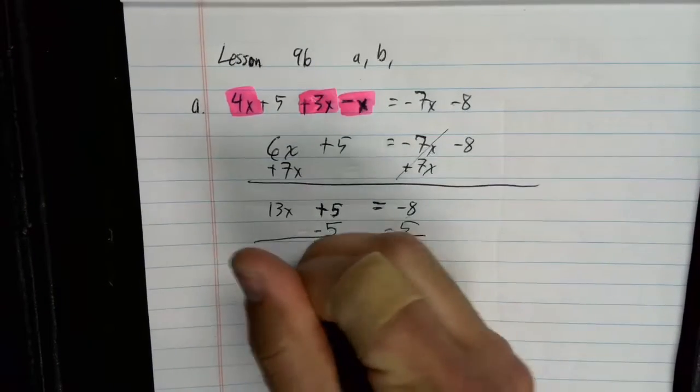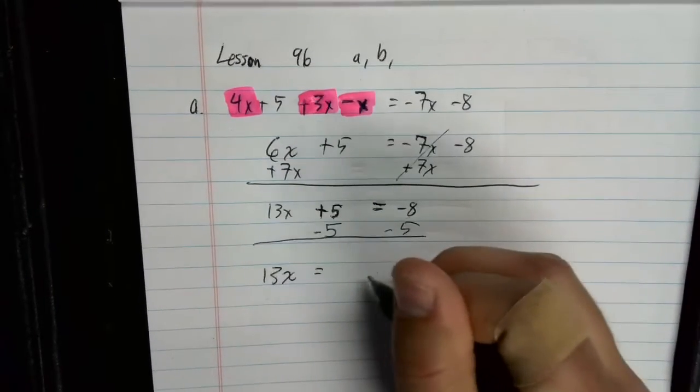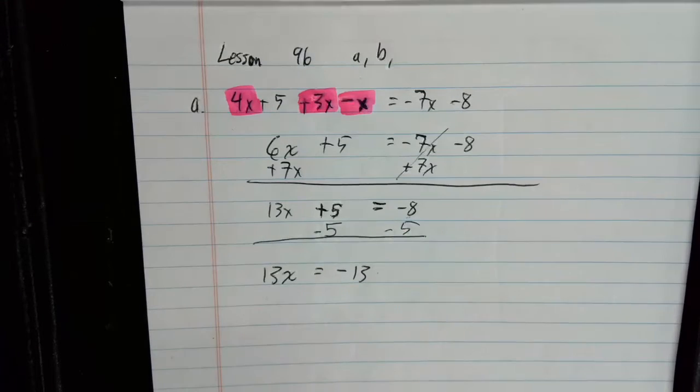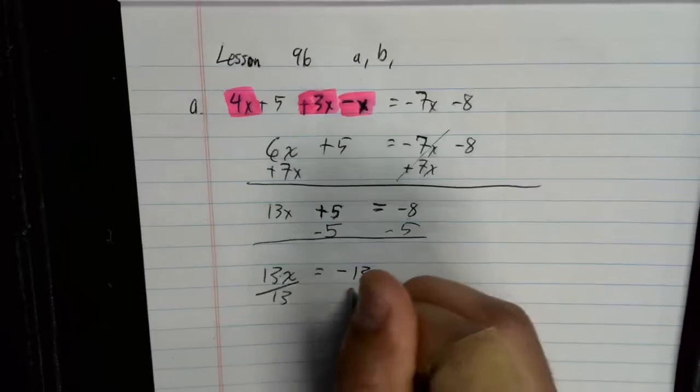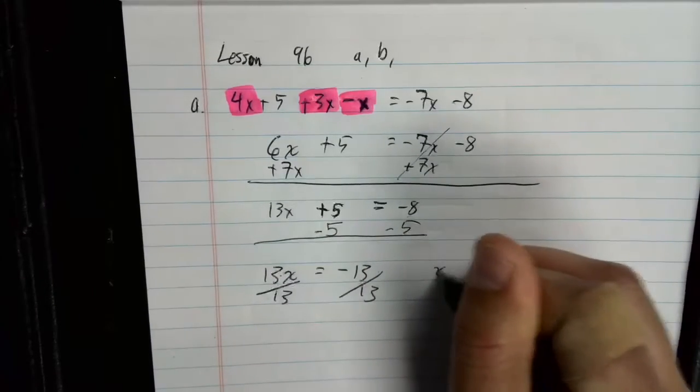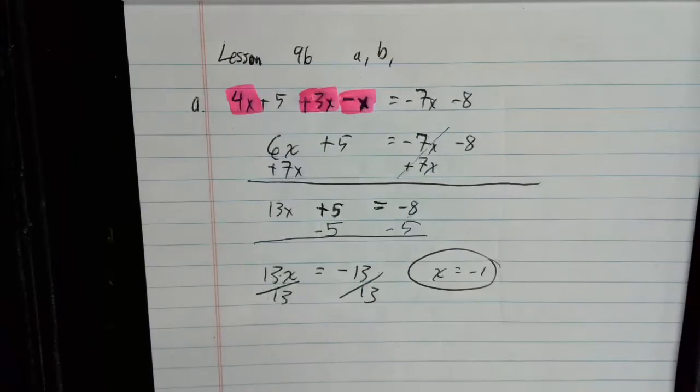That maintains balance, all right, so I have 13x equals negative 13. We'll divide by 13 because division cancels multiplication, and we'll get x equals negative 1. And that's a lot of what's going to be on the quizzes practice problems today. Okay?